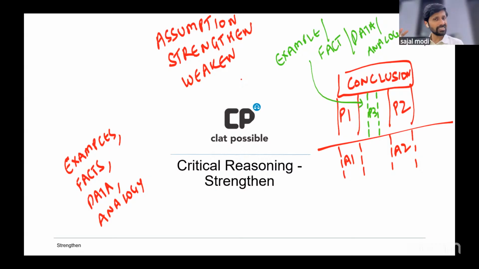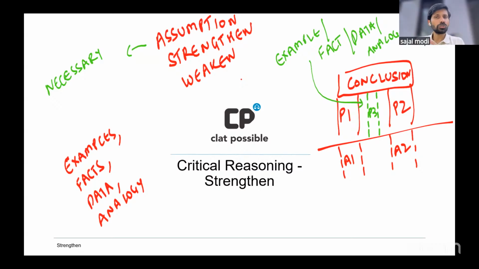Although there is a difference between attempting a strengthen question and attempting an assumption question. In assumption, we said we are looking for something necessary, right? This assumption is also providing support, right?